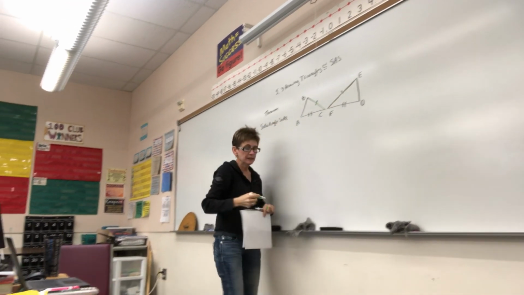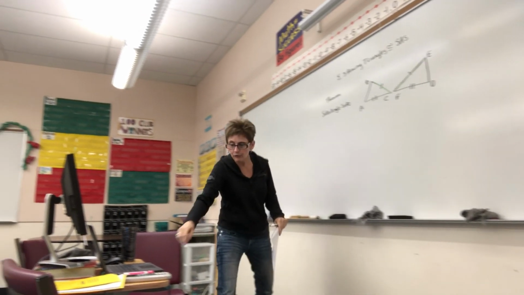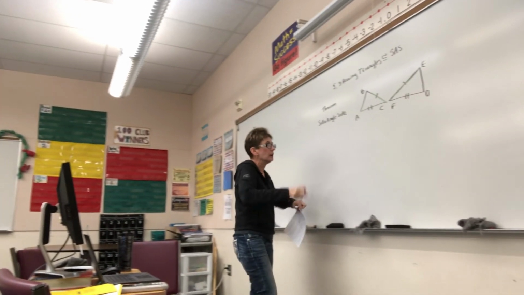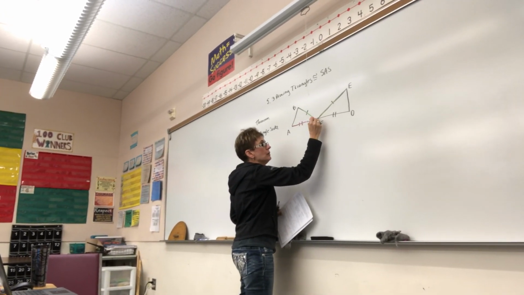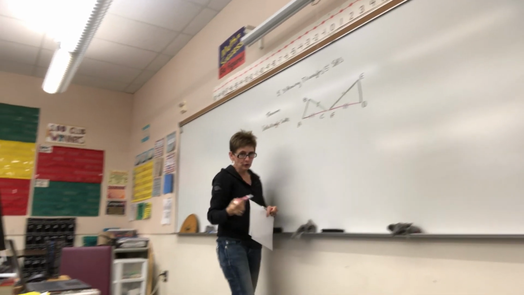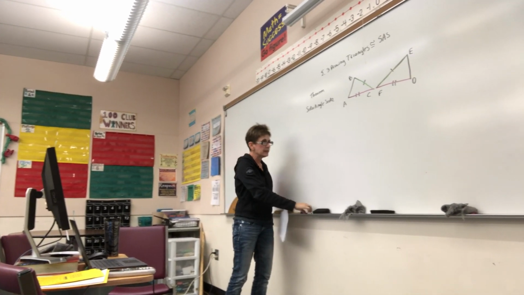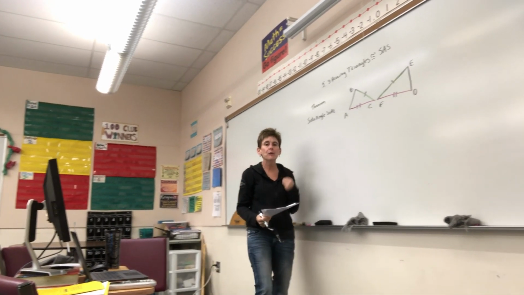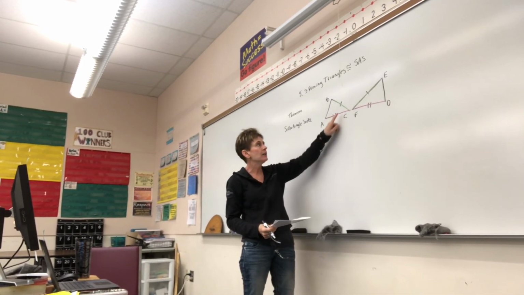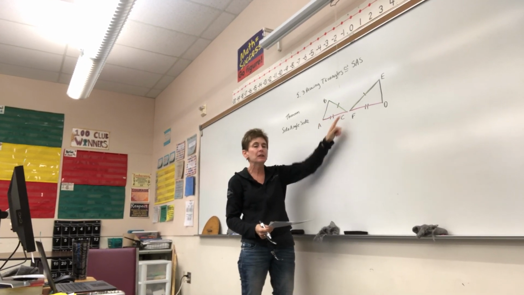Those are their corresponding sides, okay? And then we also know from how it's marked up, I'll use a different color, that segment AC is congruent to FD. So notice that we've pointed out two pairs of corresponding sides that are congruent. The included angle is going to be the one formed by those two sides. Do you see how angle C is formed by the green segment and the pink one?